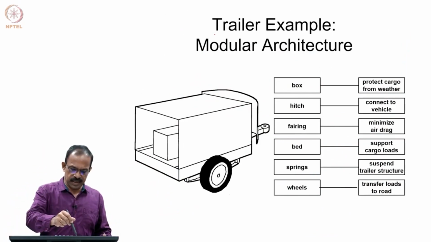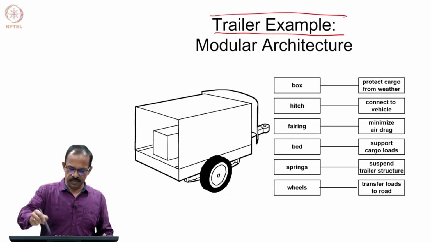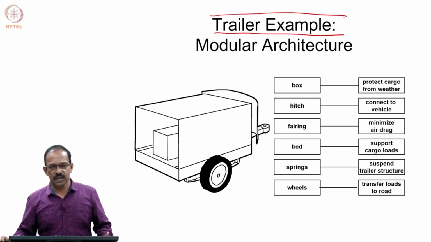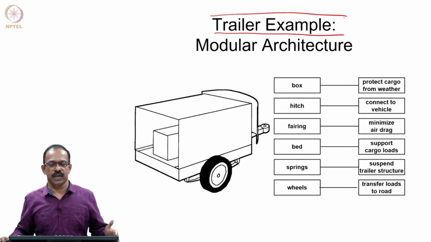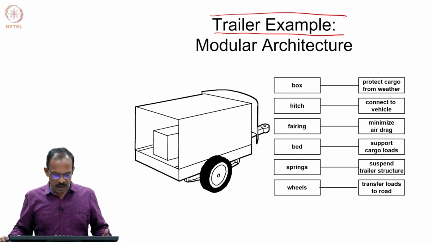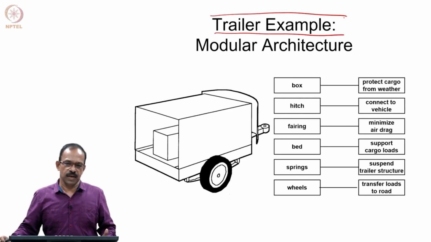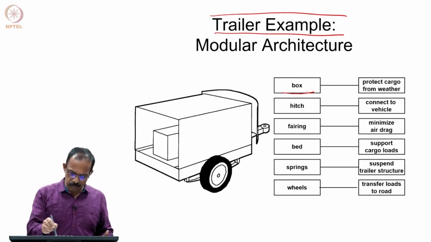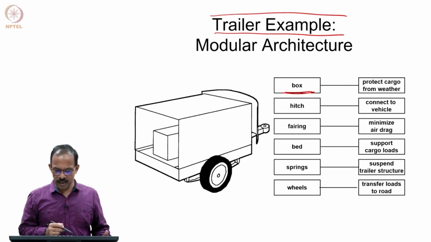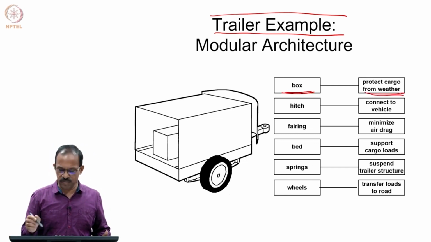So, let us just take the trailer as an example. You will see these kinds of trailers which are attached to the trucks to carry loads. Now if you look at this product and its architecture, you can see there is a box which protects the cargo from weather, and there is a hitch which connects to the vehicle.